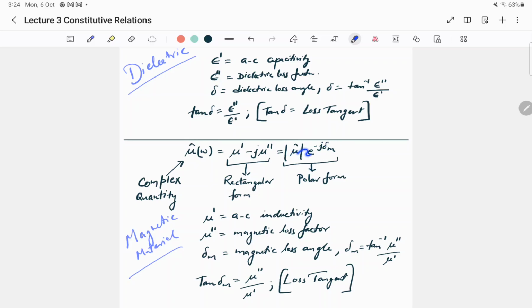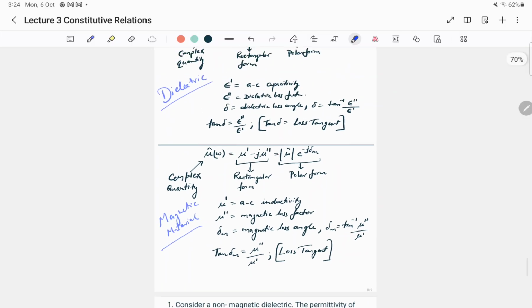In polar form, it can be written as the magnitude of mu cap times the phase part e to the power minus j delta m, where delta m is the magnetic loss angle, given by delta m equals tan inverse of mu double prime divided by mu prime. And if you take the tangent of this angle delta m, you call it a loss tangent.